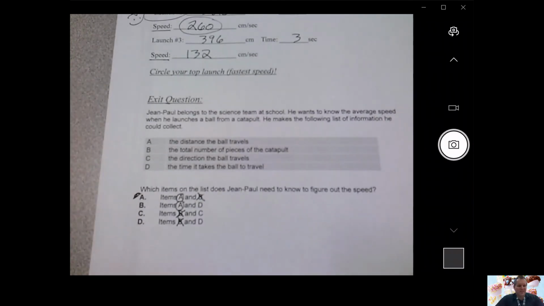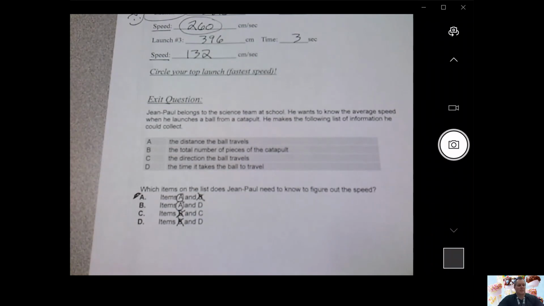How about C, the direction the ball travels? Well, the direction the ball travels does indicate something. It's kind of like speed. Do you remember that word? It's speed plus something else, which is a direction. So if I add a direction to speed, I now have, hopefully you said, velocity.